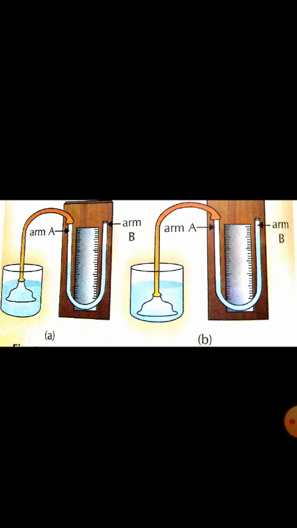A large glass beaker filled with water is taken. Try to put the funnel of the manometer slowly into water. The water level in arm A of the U-tube goes down and water level in arm B goes up.